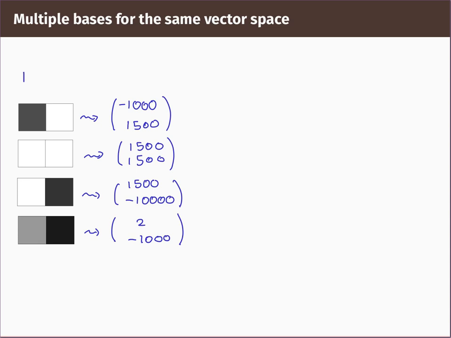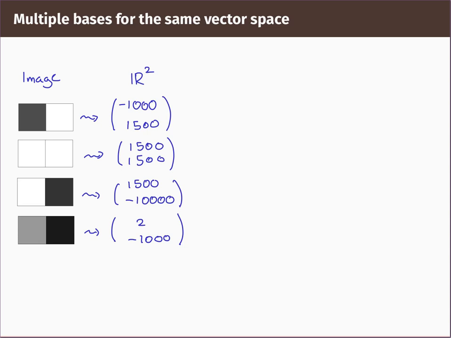So in my table here, I've got an image, and here I've got an element of R². When we write one of these vectors like this, we can write them in terms of the standard basis.